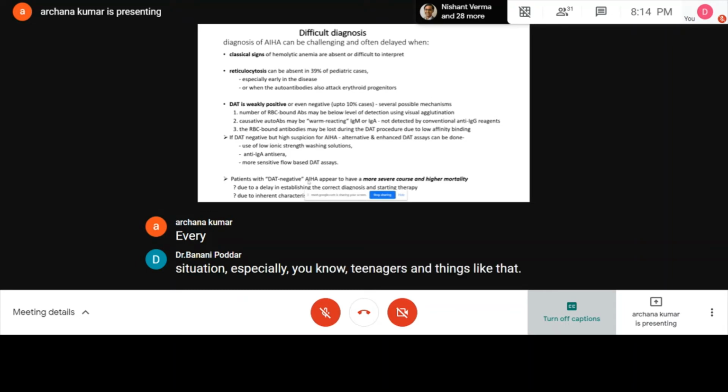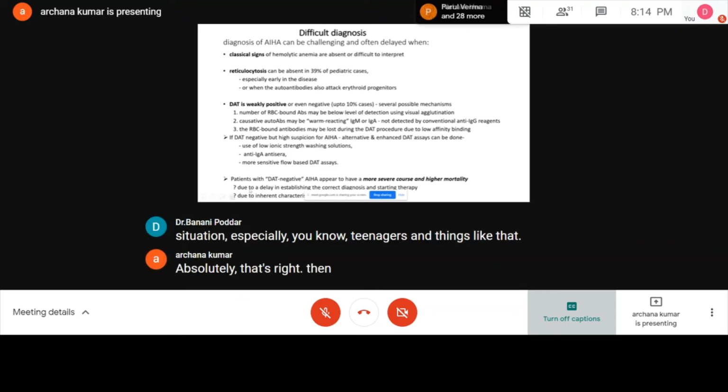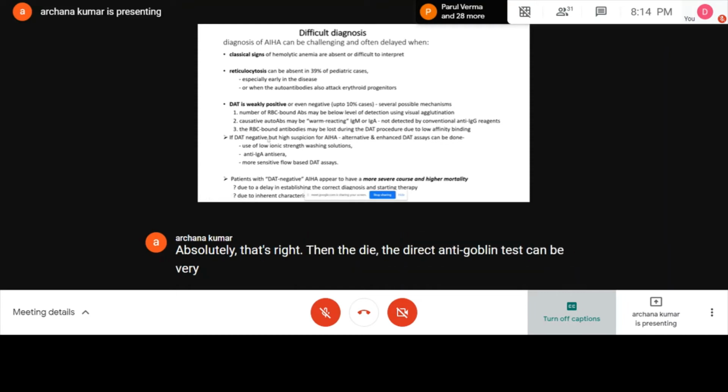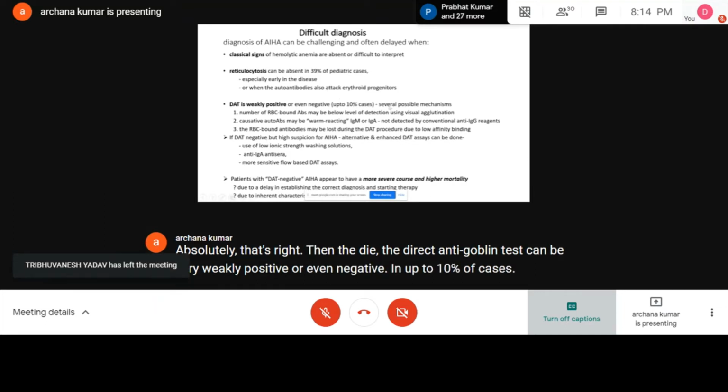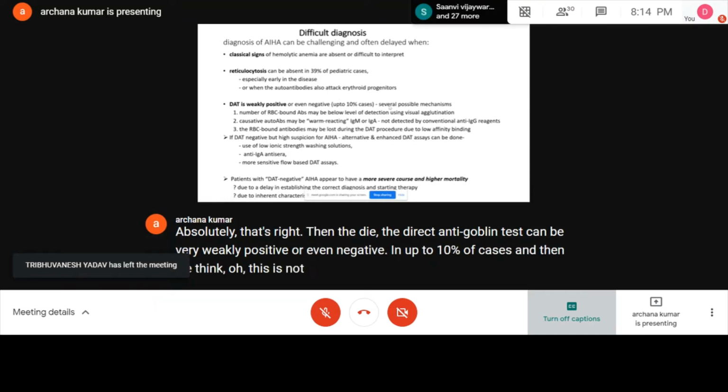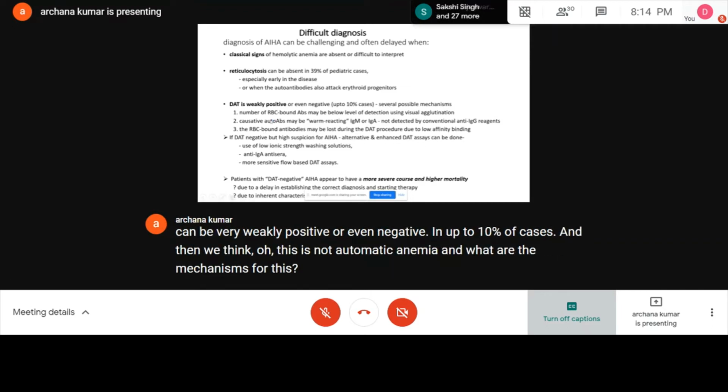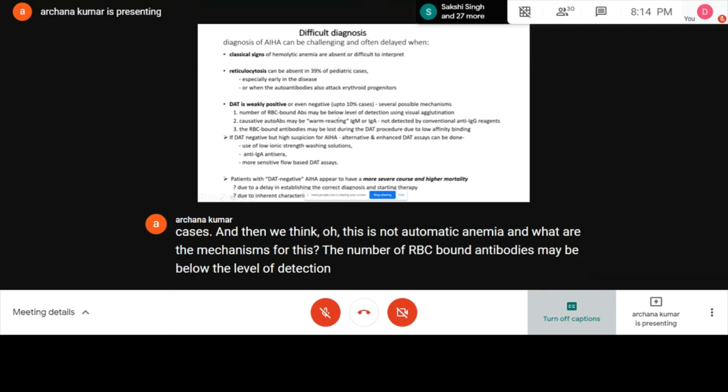Then the direct antiglobulin test can be very weakly positive or even negative in up to 10% of cases. And then we think, this is not autoimmune hemolytic anemia. And what are the mechanisms for this? The number of RBC-bound antibodies may be below the level of detection using the visual agglutination test.